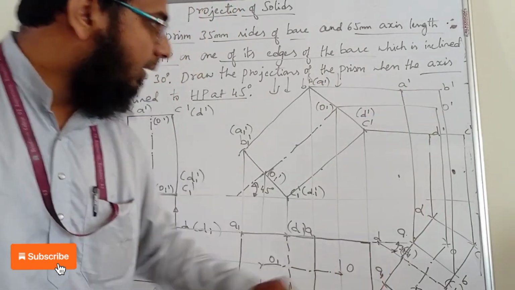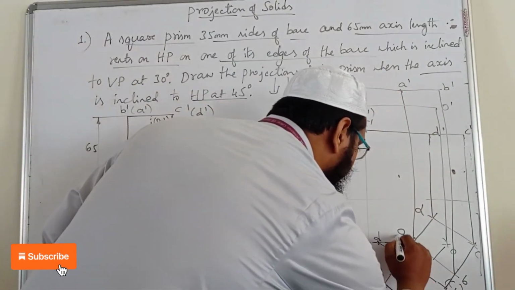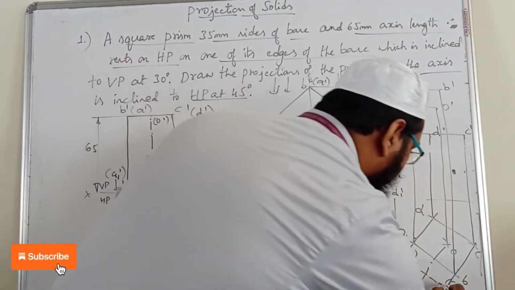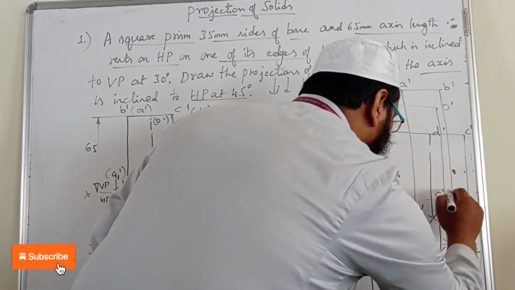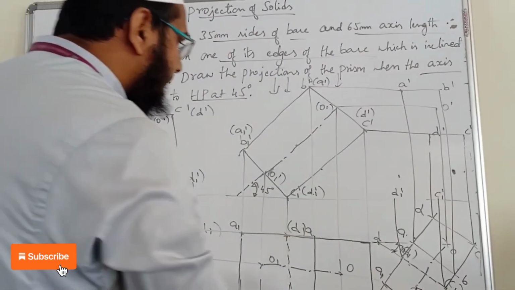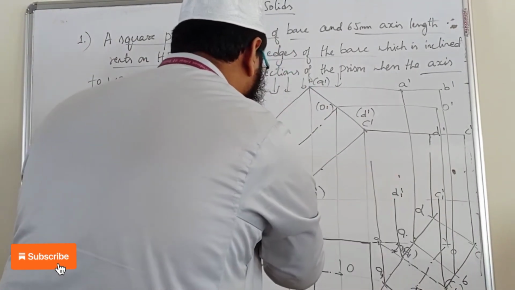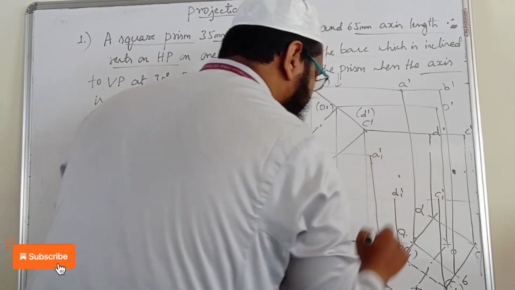Similarly, now we see the bottom face. So here the bottom face we have, this is D1. So here we have D1 dash. Similarly, this is C1 dash. And A1 is here. We are getting this A1 dash here.